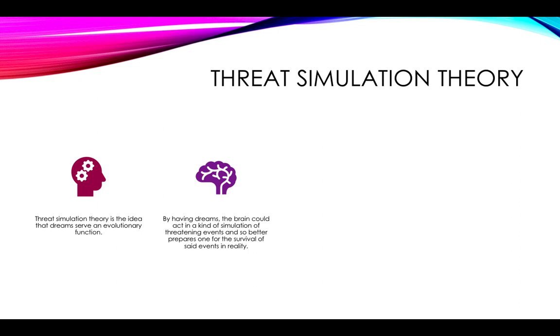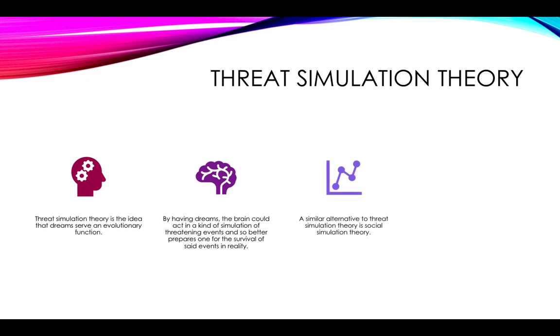This could be seen as quite useful, evolutionarily. If you're dreaming about threats and ways in which you can prepare yourself for them, that might give you an evolutionary advantage when it comes to dealing with those threats in reality. And so that could be a trait that is passed on.